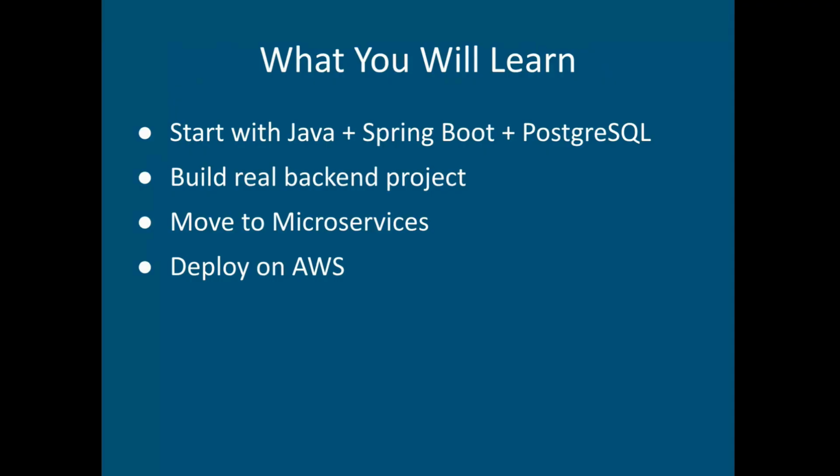And gradually we will break our monolithic system into microservices. We will also secure APIs using JWT authentication, and finally we will deploy everything on the AWS cloud. So this roadmap is designed especially for Java developers, Spring Boot beginners to intermediate developers, and anyone who is just preparing for backend or microservices interviews.